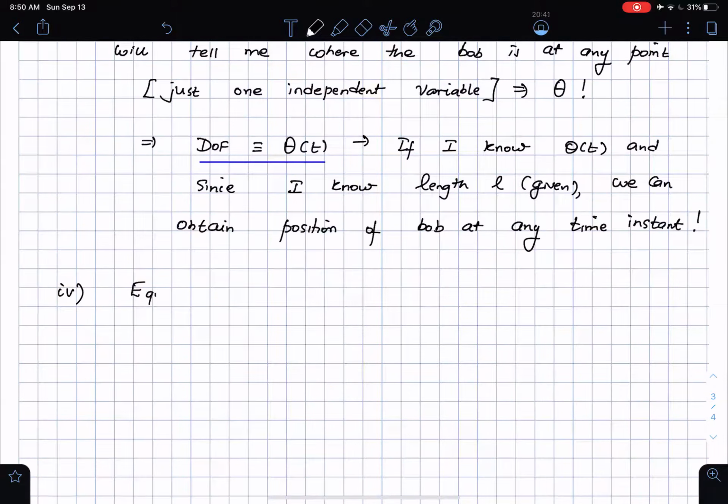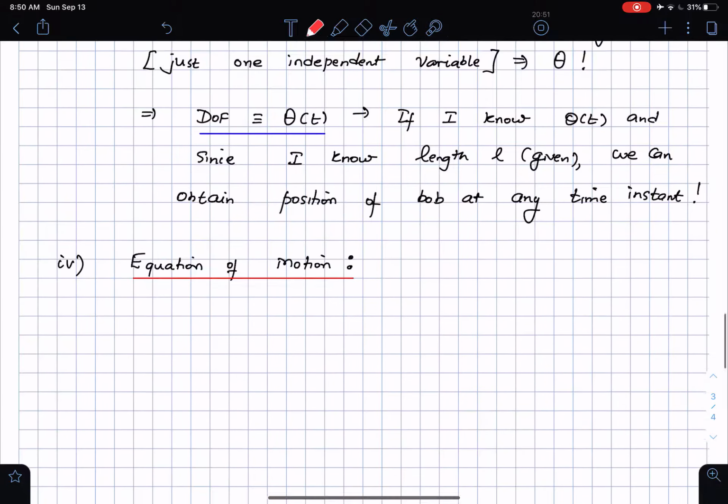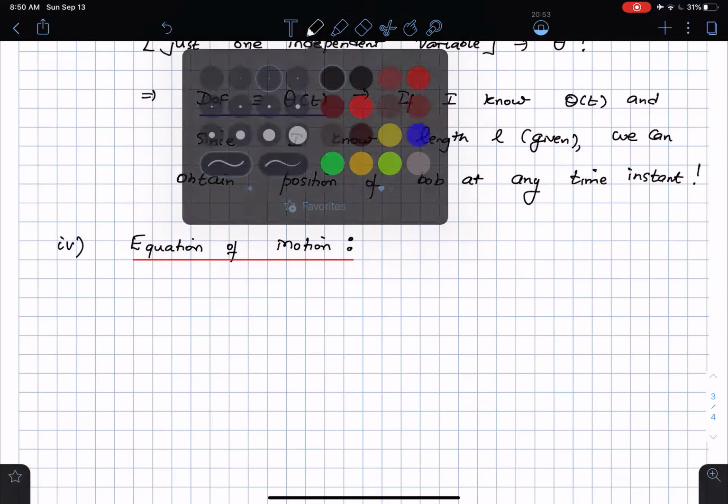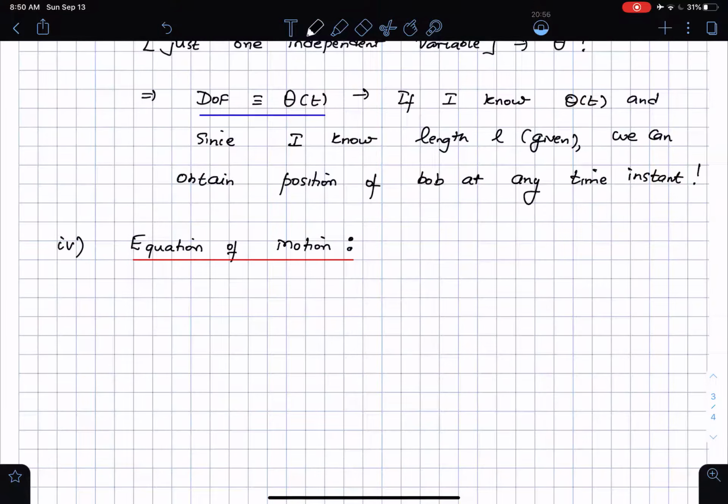Equation of motion, and this is another foundational term in dynamics. Equation of motion, which I'm going to call EOM.